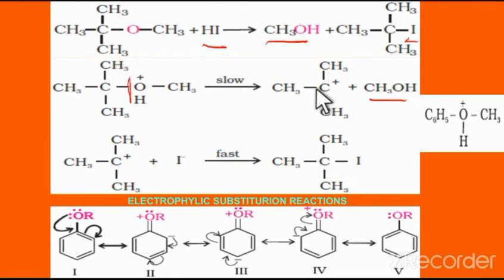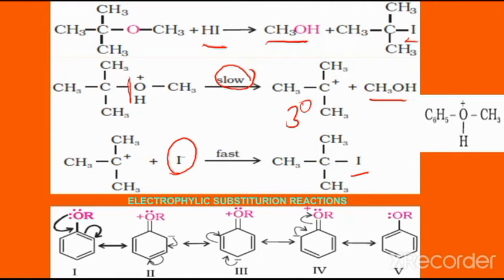Okay, the tertiary carbocation is obtained. The tertiary carbocation is more stable and this is a slow reaction. When the tertiary carbocation is treated with the iodide ion, it forms tertiary butyl iodide. So this is the fast reaction.